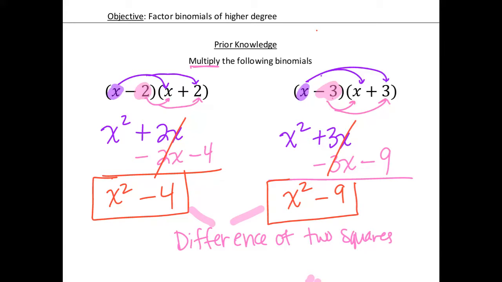And then I'll show you a little bit more of an example, but maybe under the prior knowledge on your notes where it says like x squared minus 25, you guys can jot this down. Take some notes for yourself.